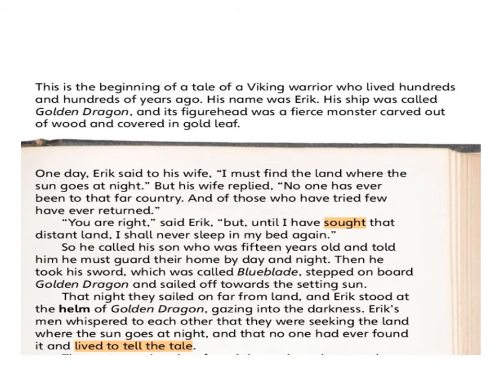Gazing into the darkness, Erik's men whispered to each other that they were seeking the land where the sun goes at night, and that no one had ever found it and lived to tell the tale. What do you mean by lived to tell the tale? It means that no one lived after coming back to tell the tale to everyone. What is a tale? A story, a fictional story.